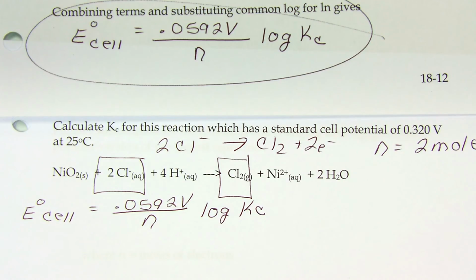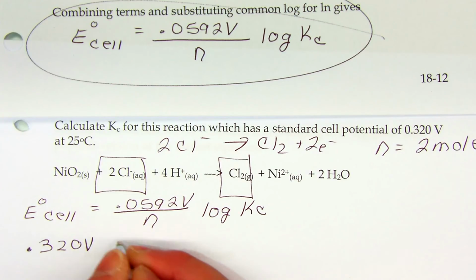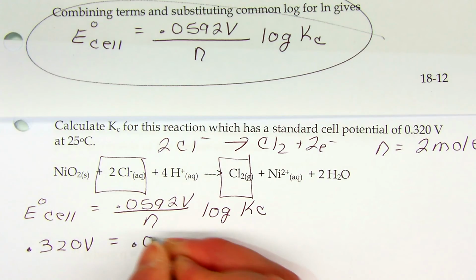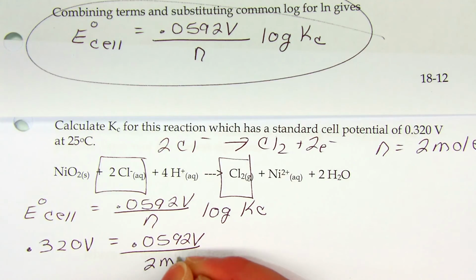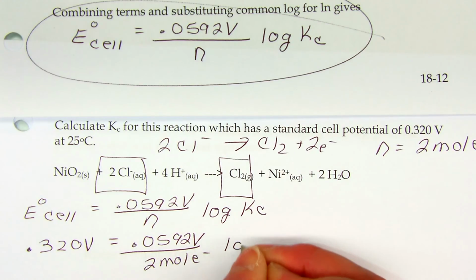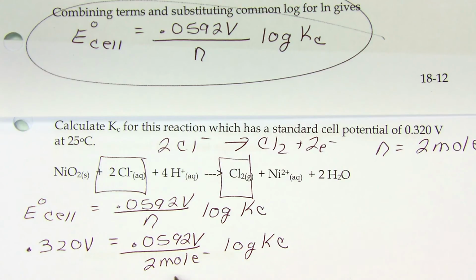So now we can plug in the numbers. E0 is 0.320 volts is equal to 0.0592 volts divided by 2 moles of electrons times the log of K sub C. Well, I have numbers here, so I can go ahead, do the division, and I get 0.0296.